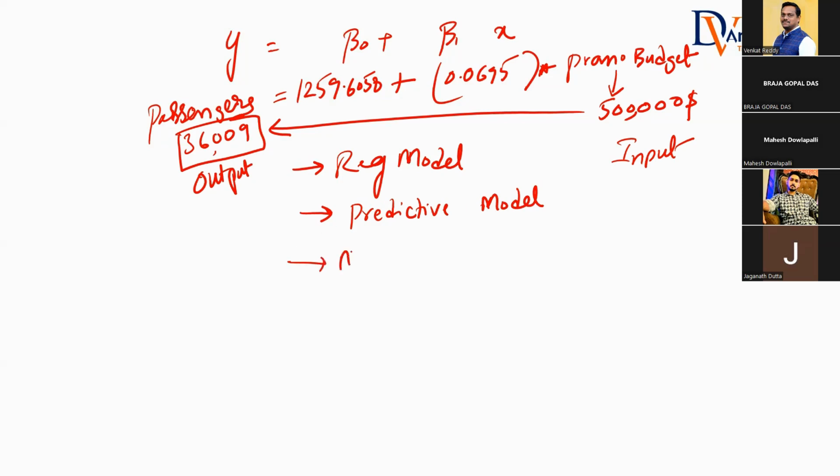It is also known as machine learning model. Regression is one of the basic machine learning models, one of the simplest forms of machine learning model. What is a machine learning model? Machine understands the patterns in the data.